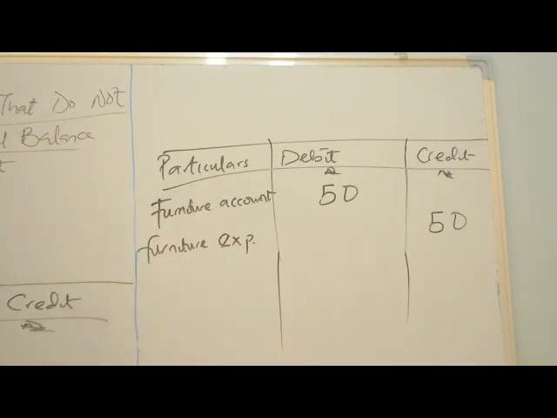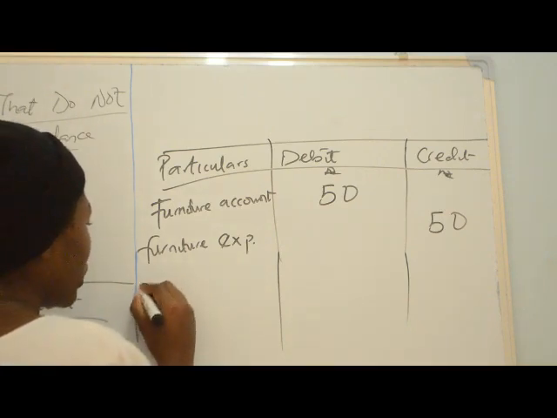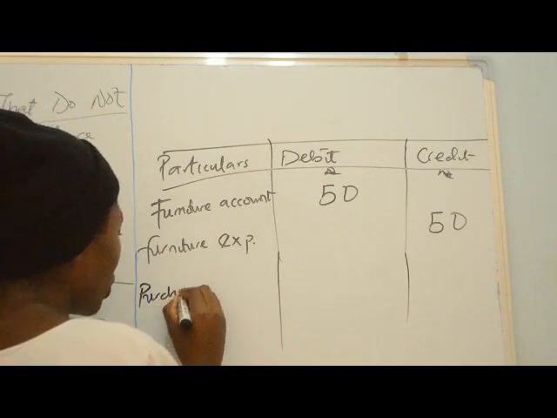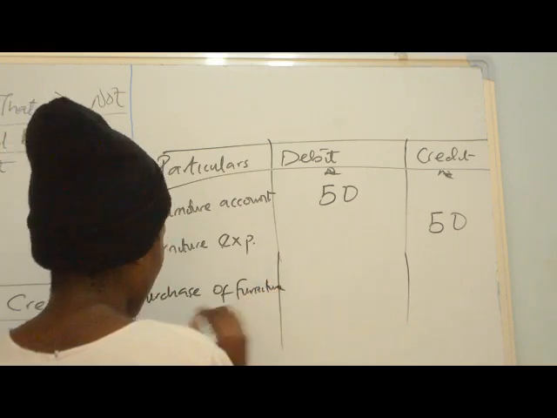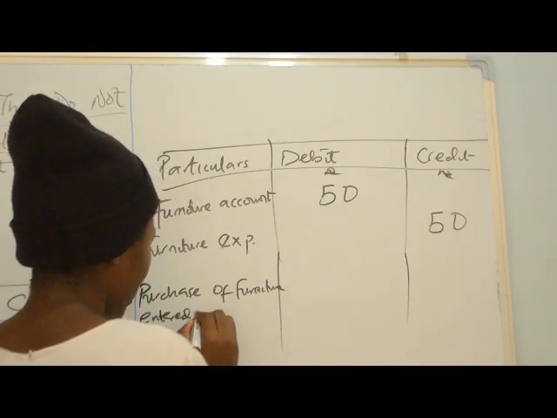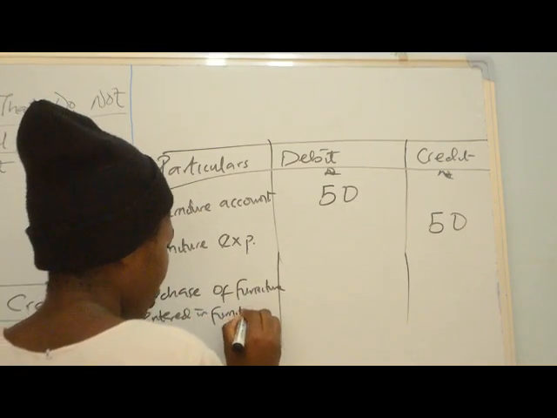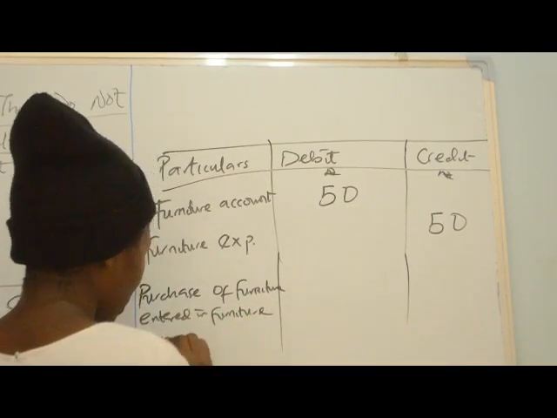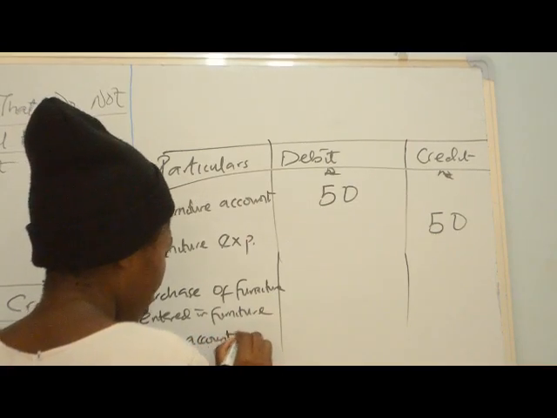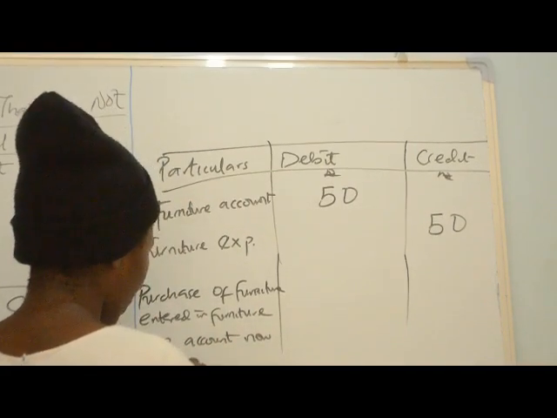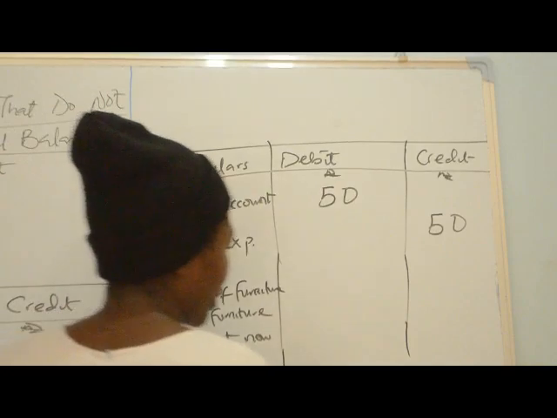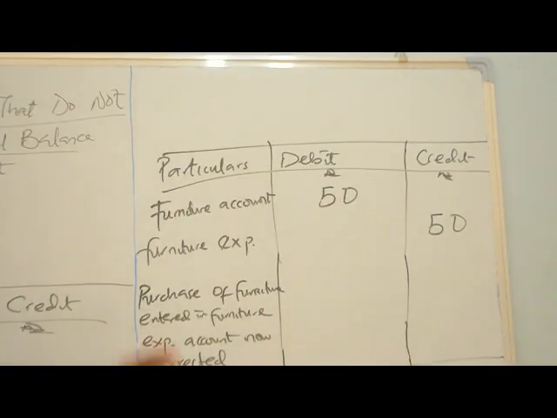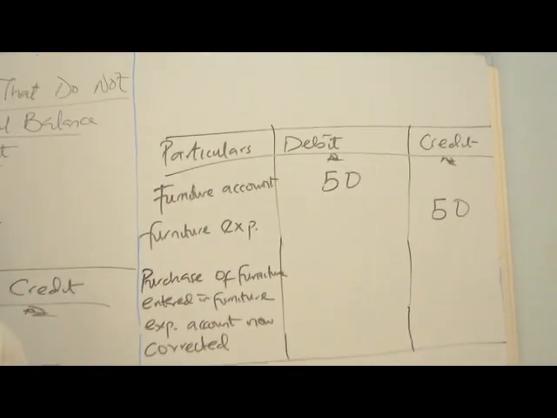So we can say that the purchase of furniture entered in furniture expenses account has now been corrected. So we have described our account successfully. This is our description for our adjustment or entries made.